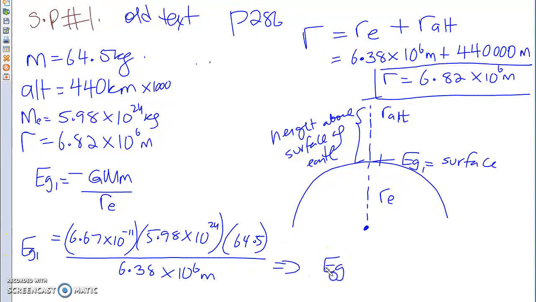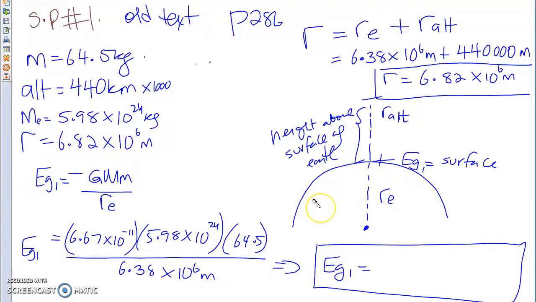What is EG1? Okay, so 4.03 times 10 to the 9 joules.